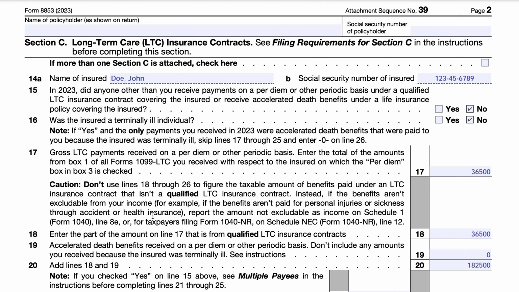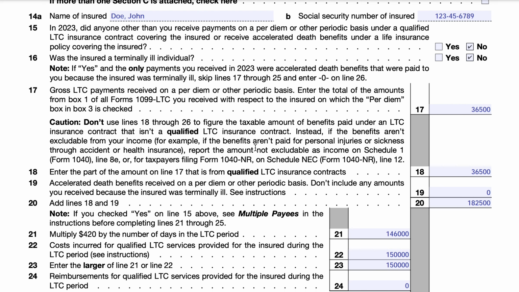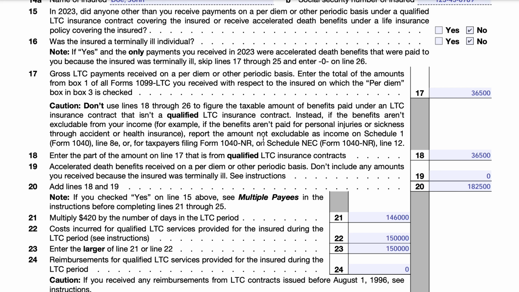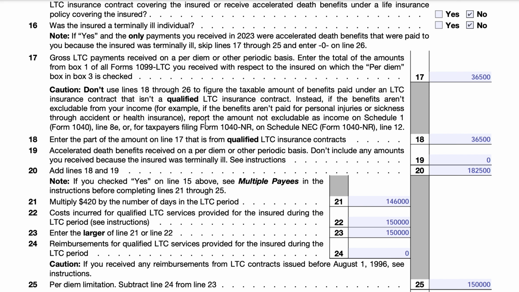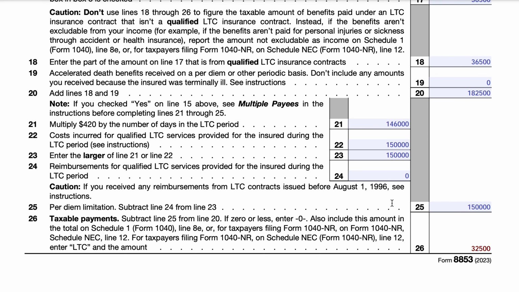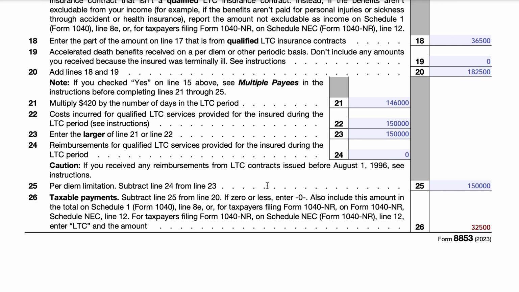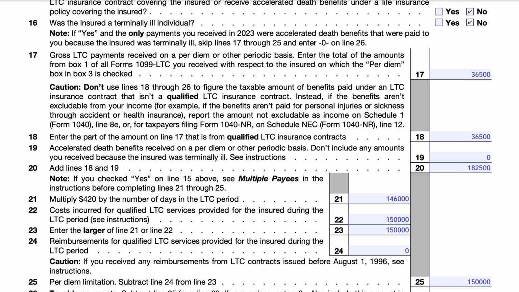So to summarize this for anyone completing Section C, if your LTC contract isn't qualified, you're automatically going to report whatever amount you pulled out. If it is a qualified contract, then you're going to go through these calculations based on the IRS per diem rate.